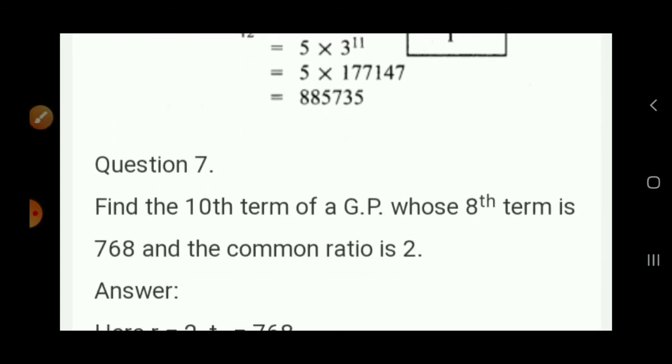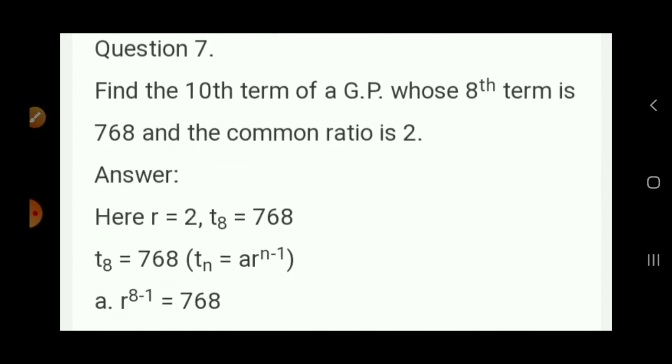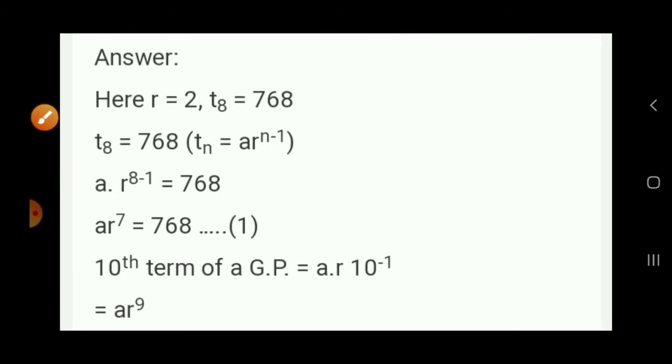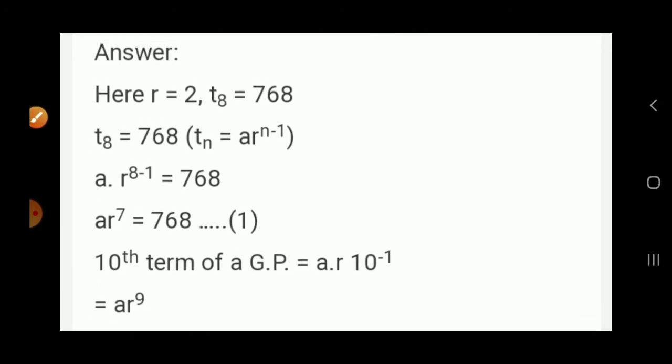Similarly you can find the next sums also. So now you can see question number 7. Find the 10th term of a GP whose 8th term is 768 and the common ratio is 2.